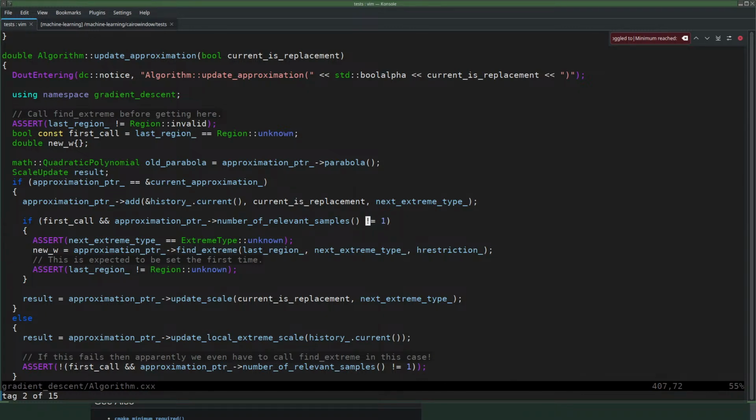I think I should use equals to, because that's kind of the signature of having a valid cubic. And I think find extreme just needs that.